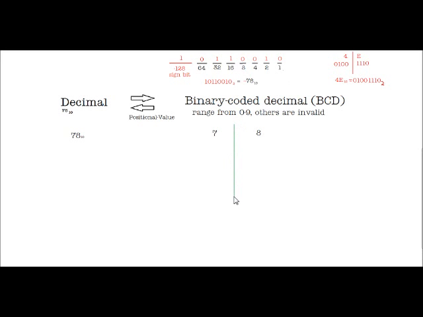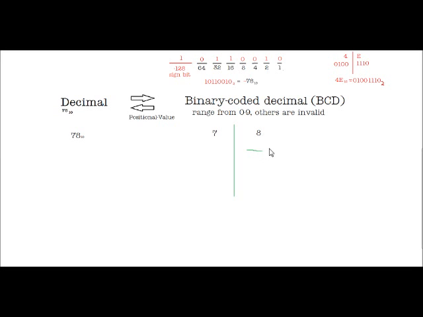For each of these decimal digits, we convert it into its binary equivalent. So for example, 8, we will convert it to its binary equivalent.